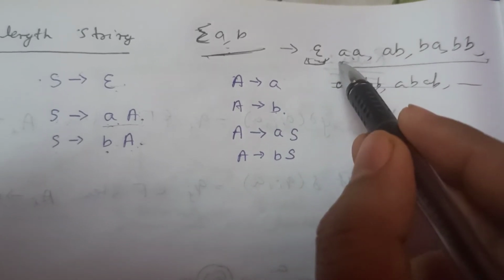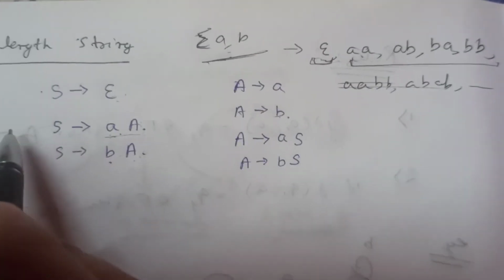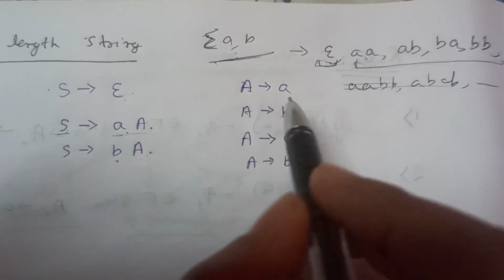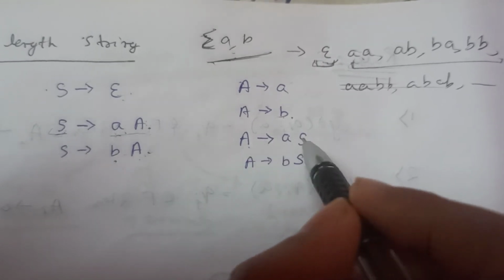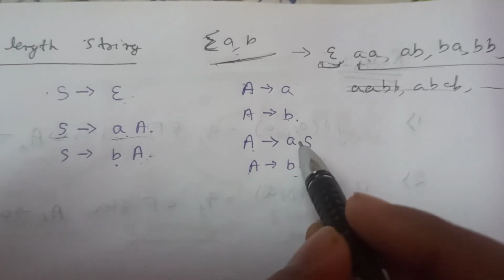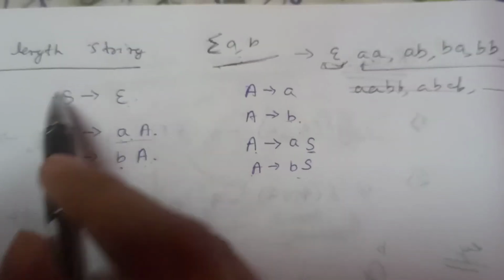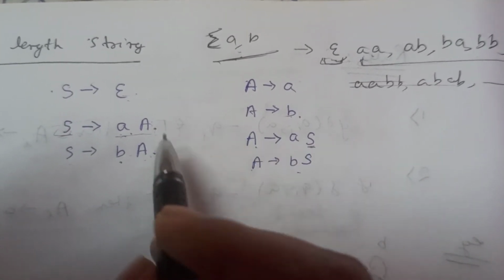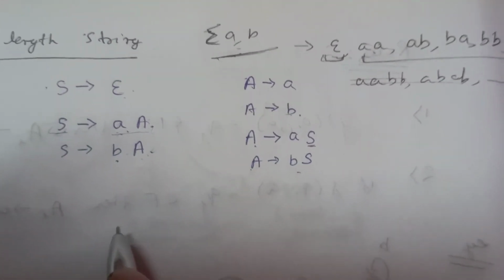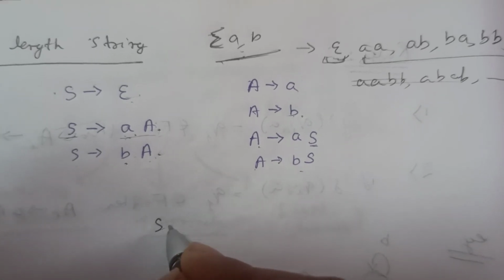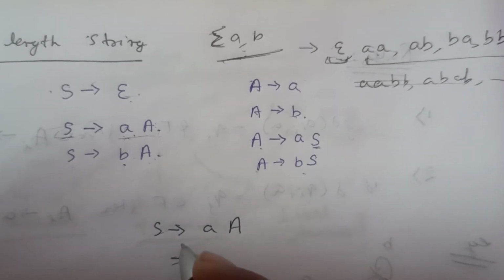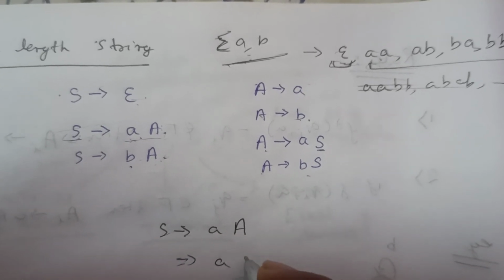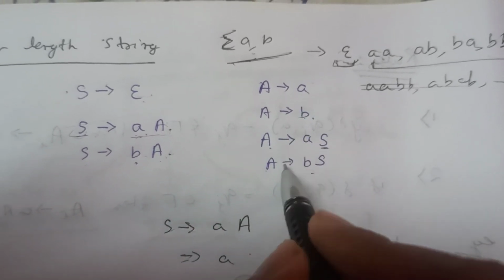So what were these combinations we have written for this one thing? Yes, it will again start with A or B. So we will get A to AS and A to BS. So this S will again repeat this whole thing. Okay, so suppose from S we are getting AA, and from this A we are getting again BS.